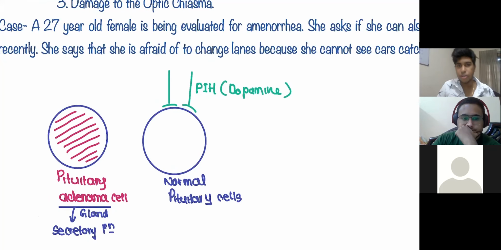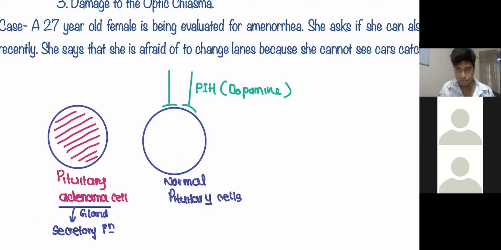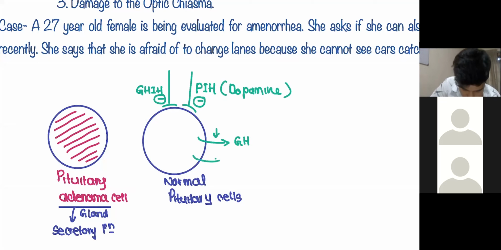And what is the hormone that inhibits growth hormone release? Growth hormone inhibiting hormone, or somatostatin. So what happens is there will be a decrease in production of growth hormone and prolactin.